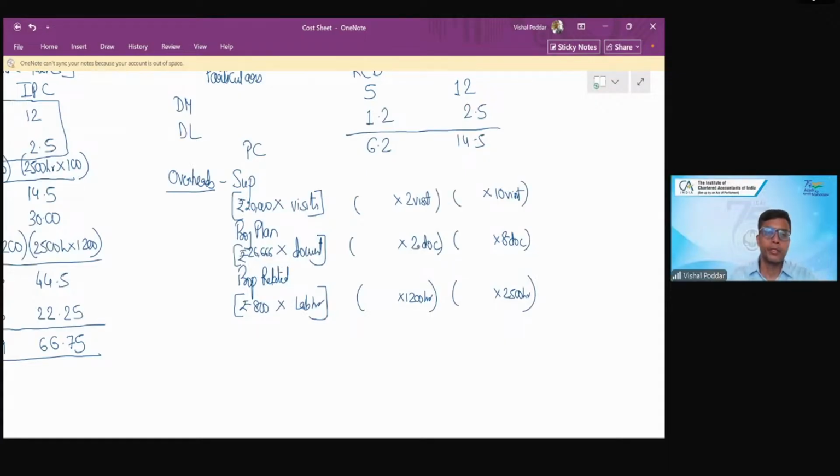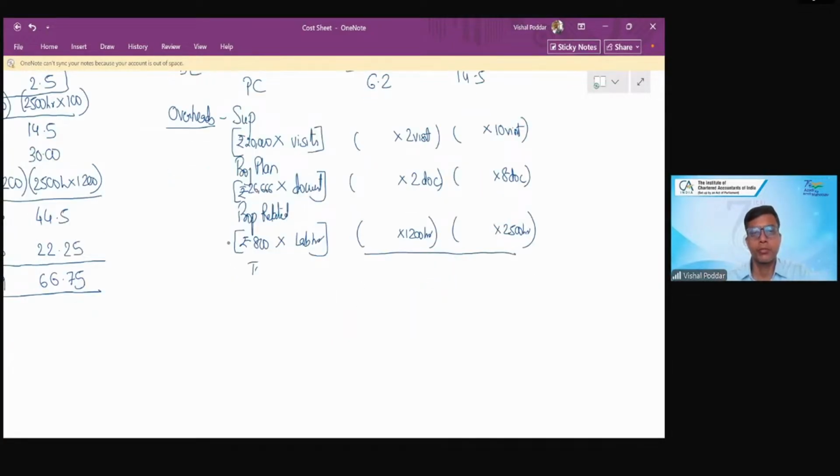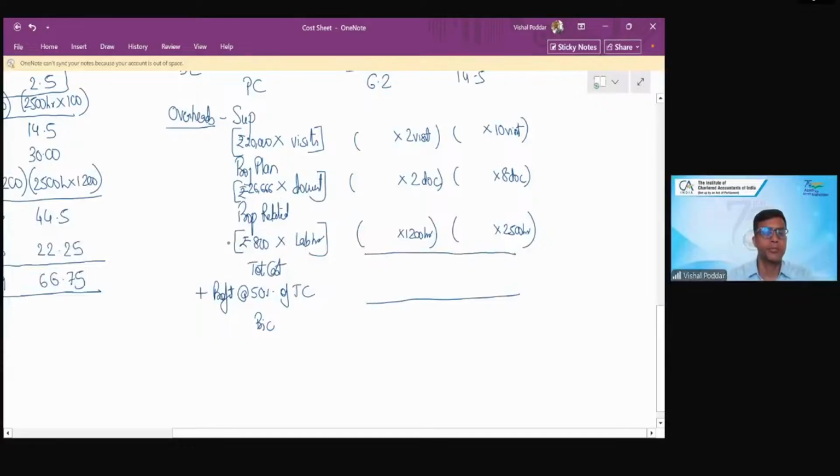Okay. So once you do that, you will get the total cost, to which you add your profit at the rate of 50% of total cost, and you get your price to be quoted. Okay.